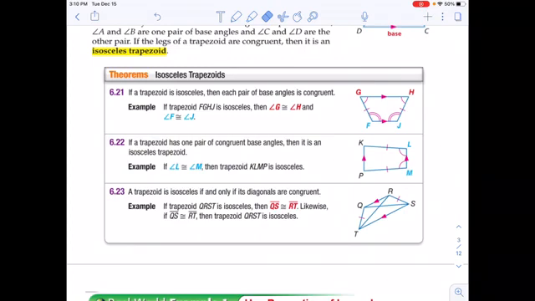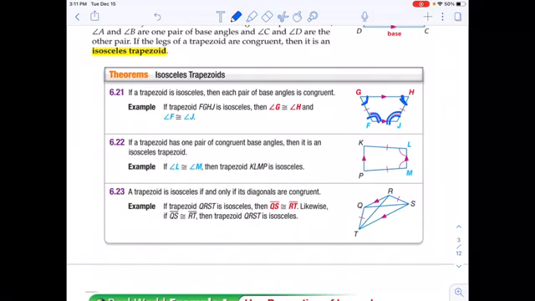If you recall from isosceles triangles, some of these should make a lot of sense. If a trapezoid is isosceles, then each pair of base angles is congruent. So if you were to extend this trapezoid into a triangle, we would know that these sides are congruent, then the base angles are congruent. So you can keep that idea in mind when talking about isosceles trapezoids. So the base angles G and H are congruent, and the base angles F and J are congruent to their pairs, okay?